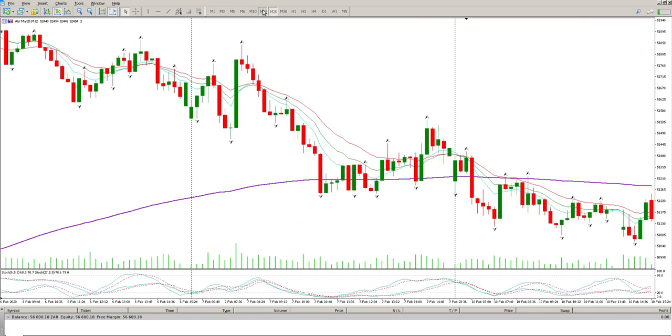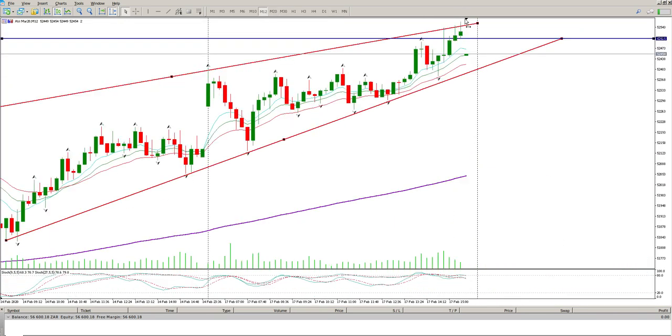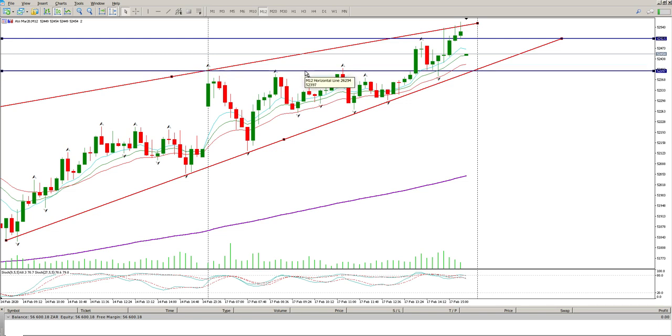And if we just come down to 12 minutes here, what I suspect is going to happen is we're going to get a gap down, doubtful gap down further than 52,390, 52,400, somewhere around there. That's kind of where I think we should move down to from the gap. Then I suspect that we're going to pull back to wherever the opening bar was.